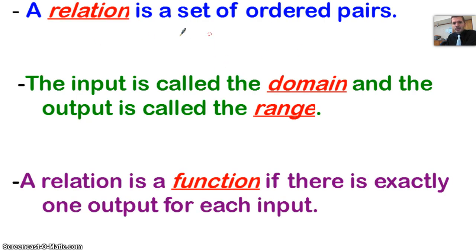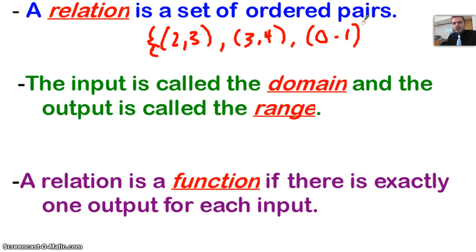A relation is just any set of ordered pairs. For example, (2, 3), with all these little fancy squiggly lines around them, (3, 4), and (0, -1). This would be a relation.